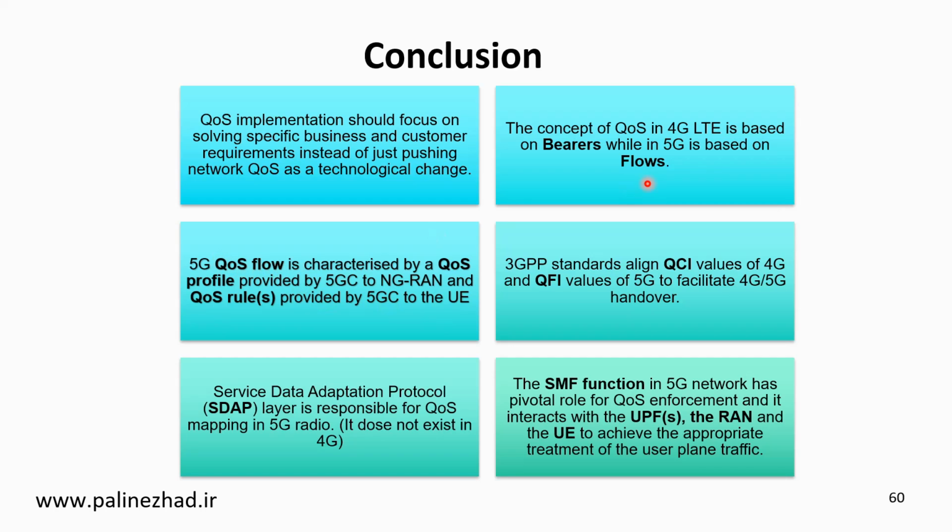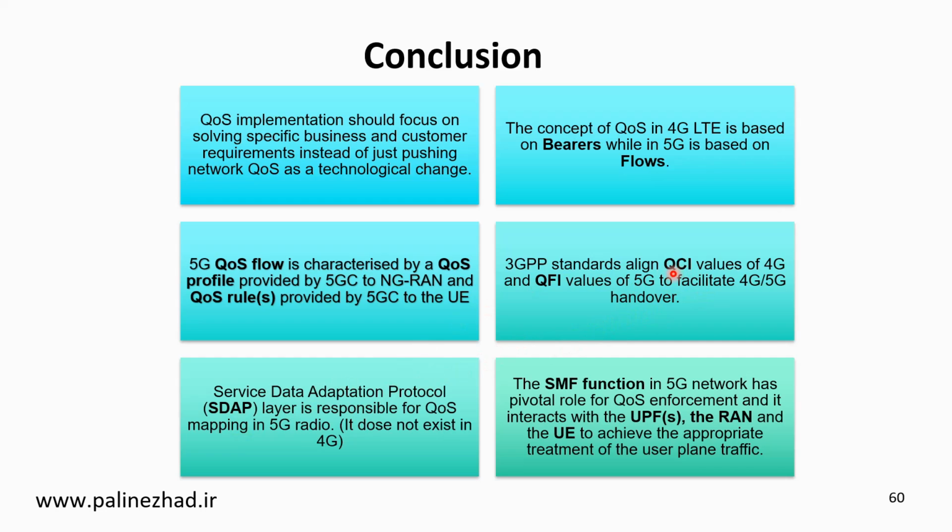So these flows are characterized by QoS profiles and QoS rules, and these QoS profiles have so many QoS indicators, we talked about them, and also these QoS rules. 3GPP standards align QCI values of 4G and QFI values of 5G to facilitate 4G/5G handover. You see this in tables. We see the 5QI values in QFI tables and the QCI values.